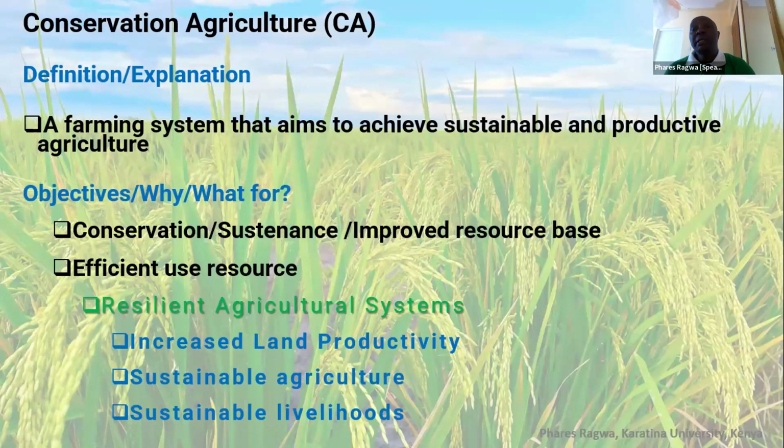And once we do that, then we can achieve what we refer to as a resilient agricultural system that will be able to give us high yields, that is high productivity, that will be sustainable. And this way, as members of the global society, we'll be able to sustain our livelihoods. So the take home on this is resilience, productivity, and sustainability.